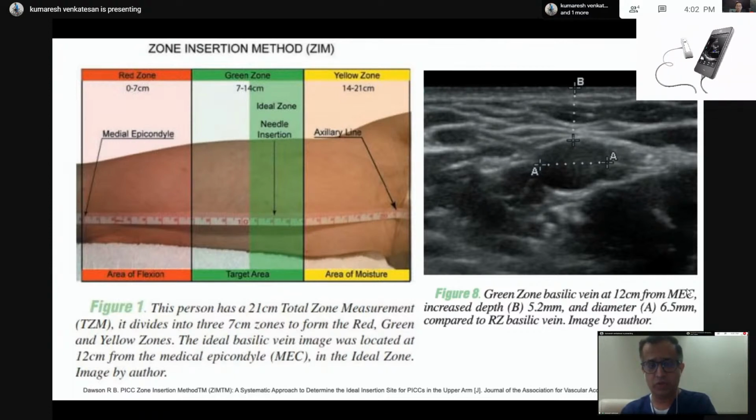Also, if you perform it more distally, it may be uncomfortable for the patient, and with the patient bending the elbow, it may cause catheter migration and some mechanical damage to the catheter. That's why the green zone is recommended for making vessel puncture for PICC line insertion.